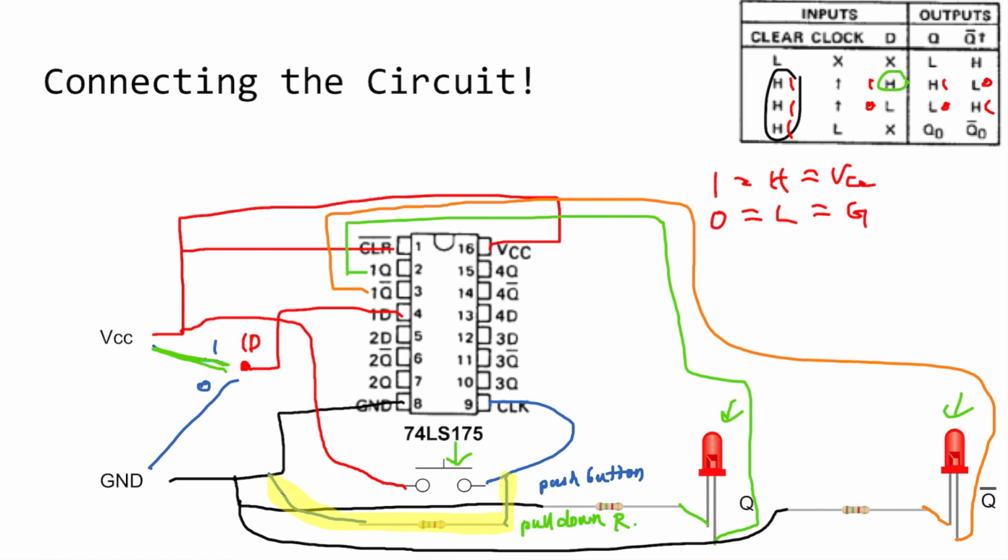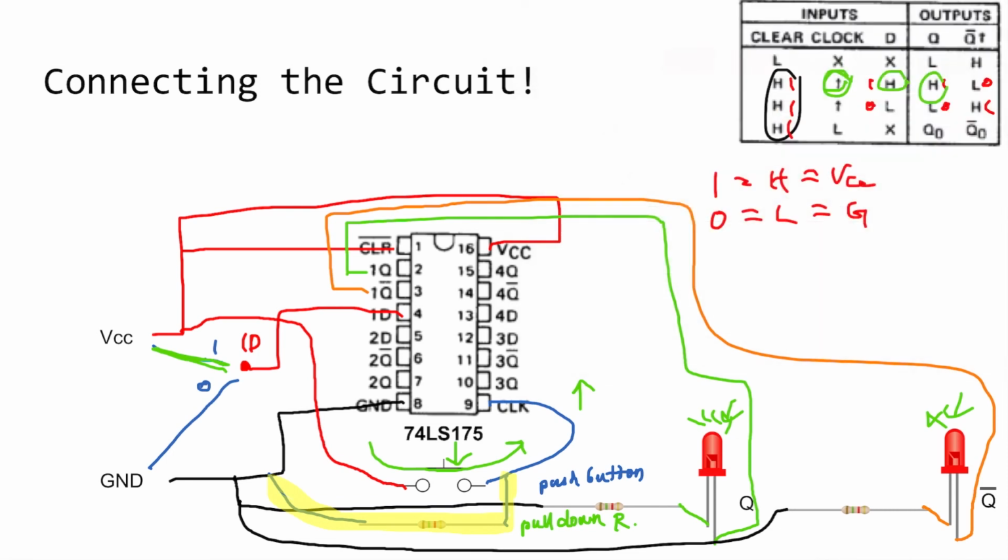When we close the circuit, during that very split second, it has a rising edge for the clock, because when this circuit is closed, current will flow through here to the clock, and there will be a rising edge occurrence. When the rising edge occurs, then this Q would light up and this would not light up.